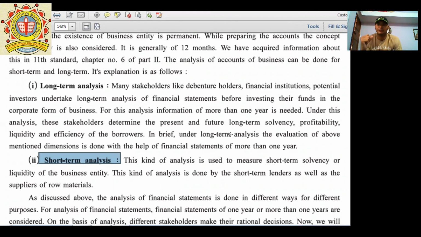But for a short-term period, like let's say 3 months or 6 months or maximum 1 year, if the result is favorable, then such creditor provides the goods to us on credit basis. If there is a cash sale, then there is no problem. But for credit sales, such creditor clearly checks the strategy and liquidity solvency of our company.